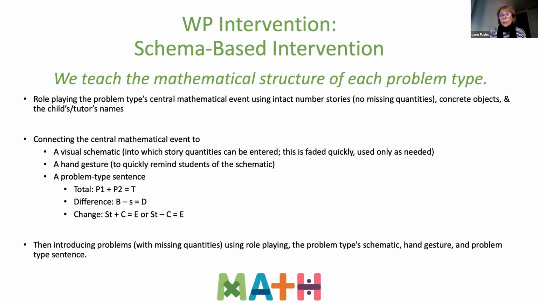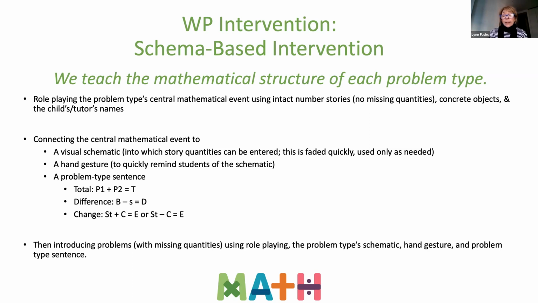We quickly move to introducing a hand gesture. So for the combine or total problem type, we have two quantities that we move together to form a total. That's an example of a hand gesture to quickly remind students of what the mathematical central event is about. And the tutor can quickly use the hand gesture instructionally to review the problem type.